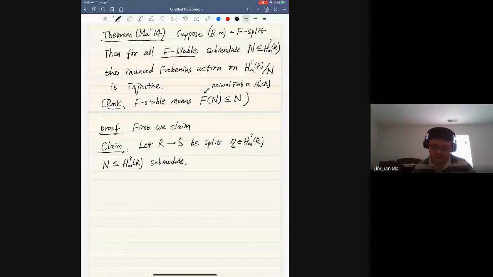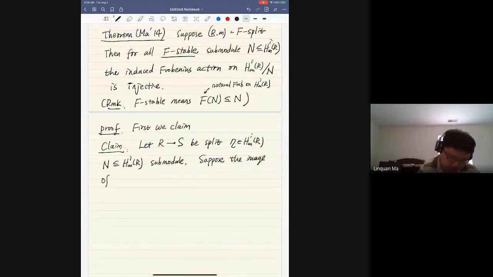Okay, and so the claim is that, suppose the image of eta in this H^d_m(M), well, remember a ring homomorphism induces a map on the local cohomology.